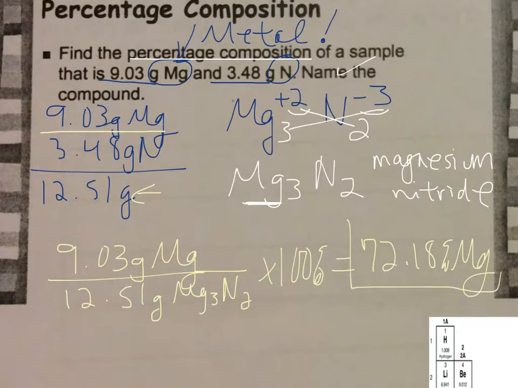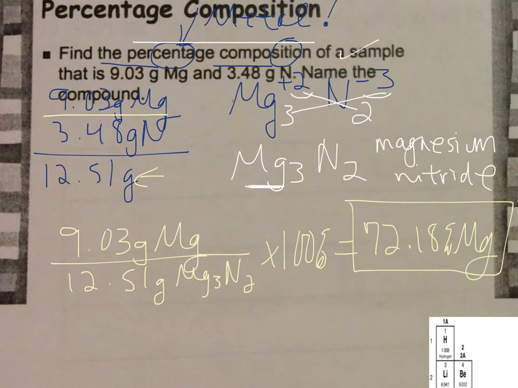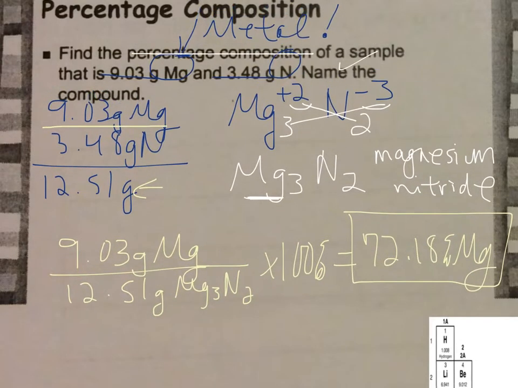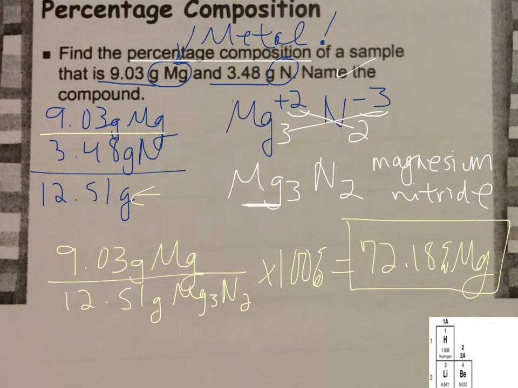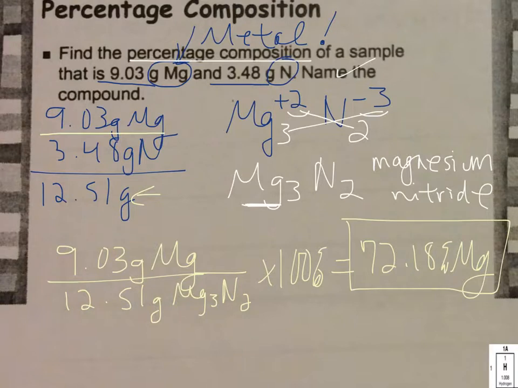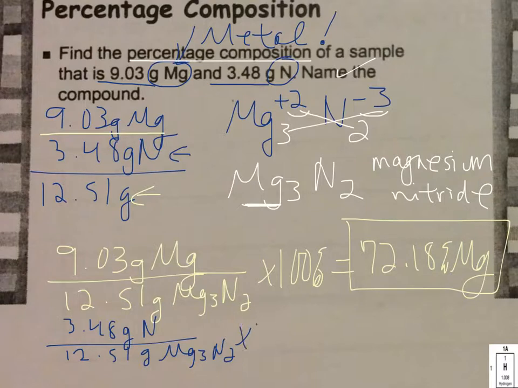So this is for magnesium. We're going to have another percent for something else, and we need to be able to tell the difference between those two. We need to be able to know which percentage goes with which number. So the next one is our nitrogen right here. So nitrogen was 3.48 grams out of 12.51 grams of magnesium nitride times 100%.